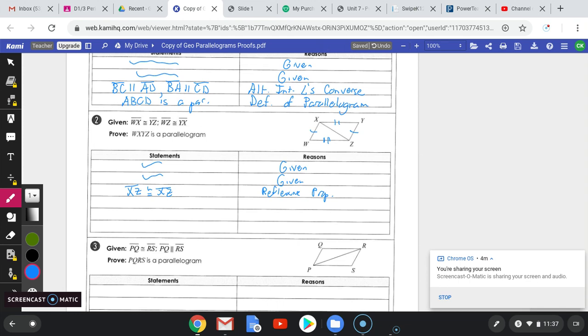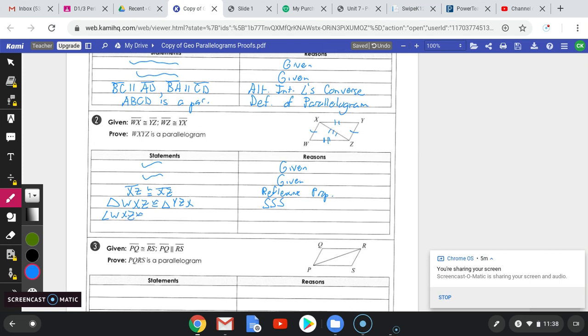And then I can say that the two triangles, triangle WXZ is congruent to triangle YZX because of SSS.